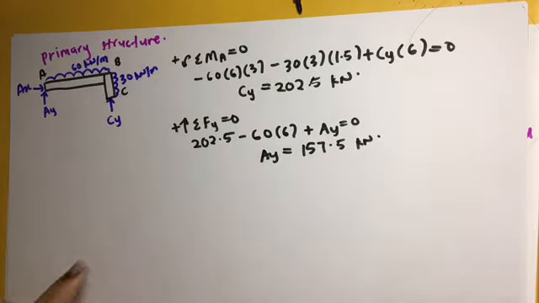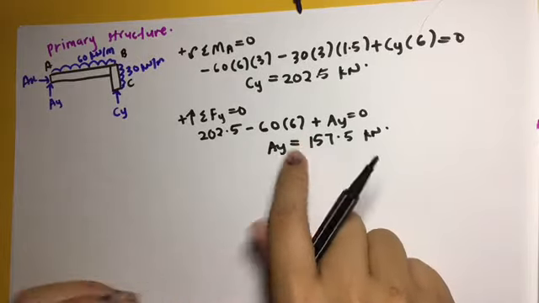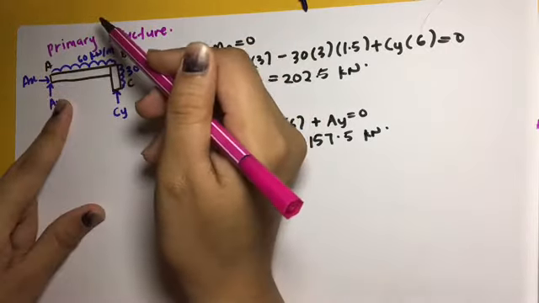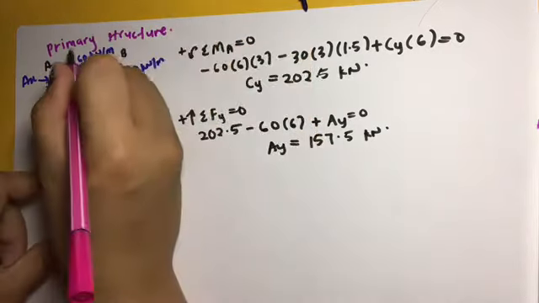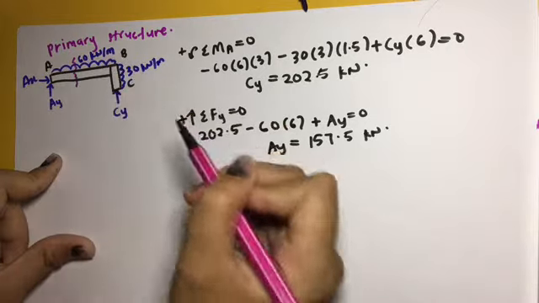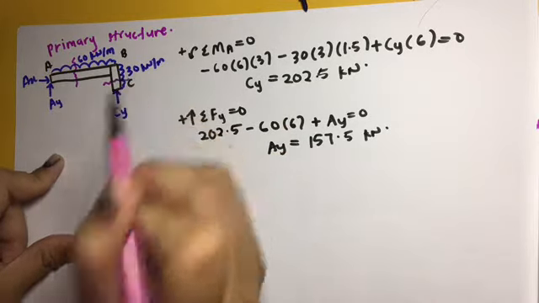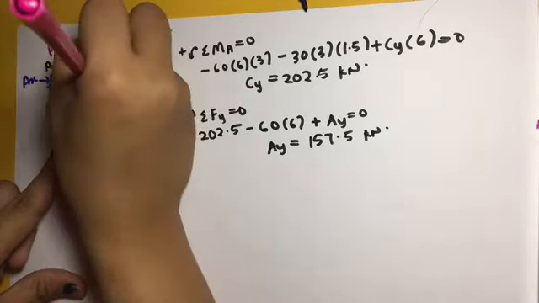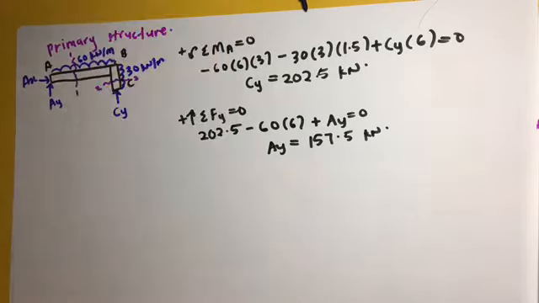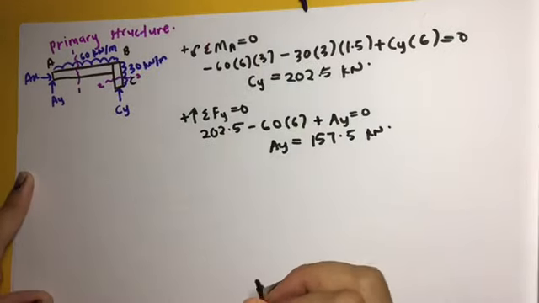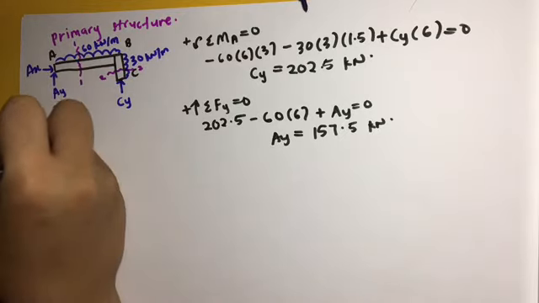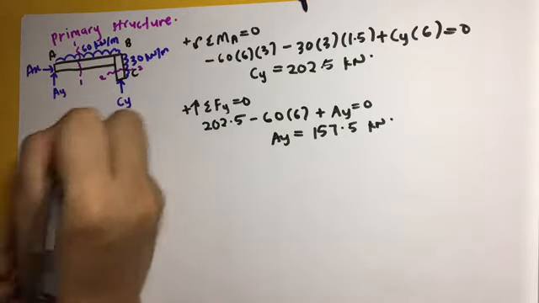Okay, so next, after we found this, we are going to separate this into few sections. So we're gonna take this section right here, and then we're gonna cut this section right here. So I will call this 1, 1. This is 2, 2. Okay. So let's solve the case 1, 1 first.